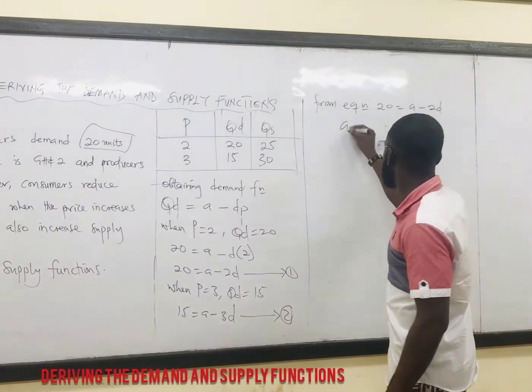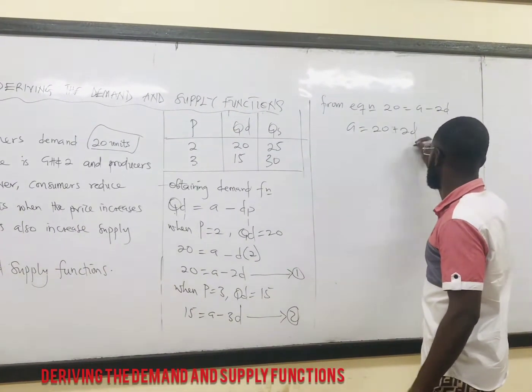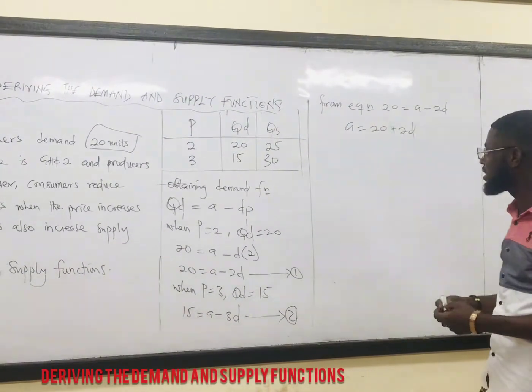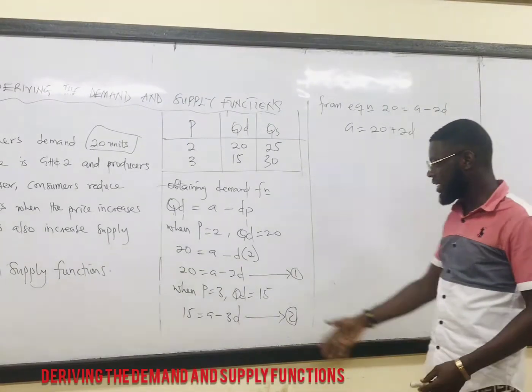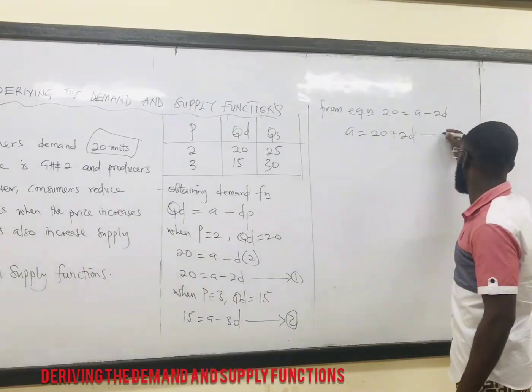So I have A equals 20 plus 2D. It's a substitution method. So what I'm going to do next is substitute this into equation 2. Let me name this equation 3.